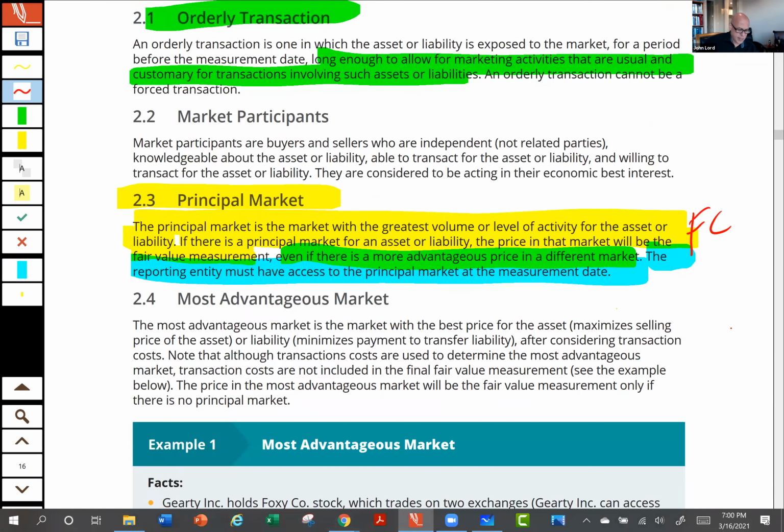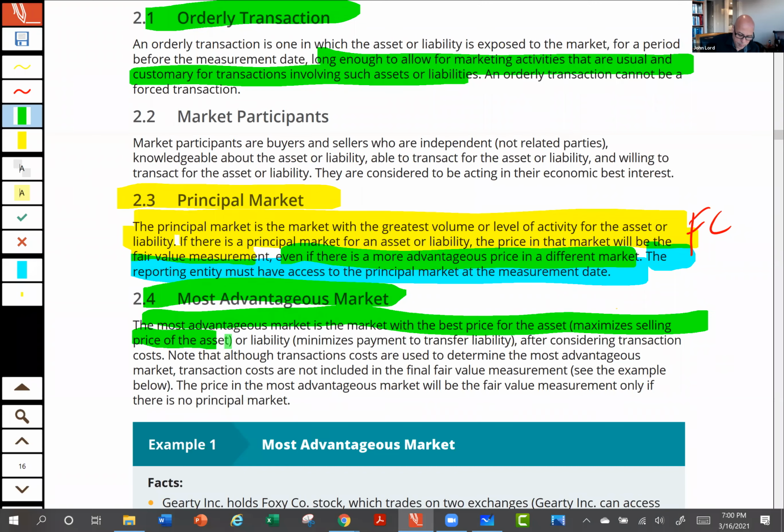Well, if that's the case, then when do you use the most advantageous market? The most advantageous market is the one with the best price after considering transaction costs. And note that although transaction costs are used to determine the most advantageous market, transaction costs are not included in the final fair value measurement.